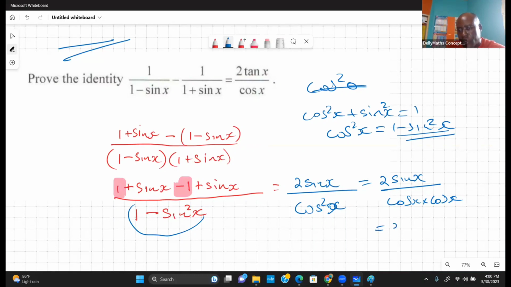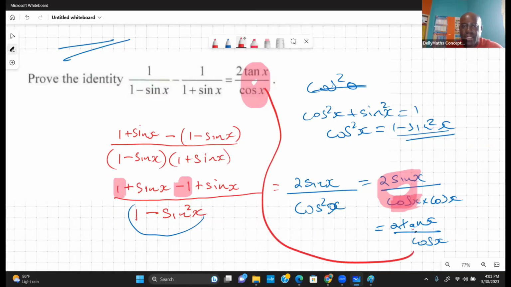So at top, I'm going to have 2 tan x with a cos x left underneath, because this and these up here at the top will form a tangent, right? So we have 2 tan x at the top over cos x, hence the proof, right? So right there, you're seeing where we did that, right?